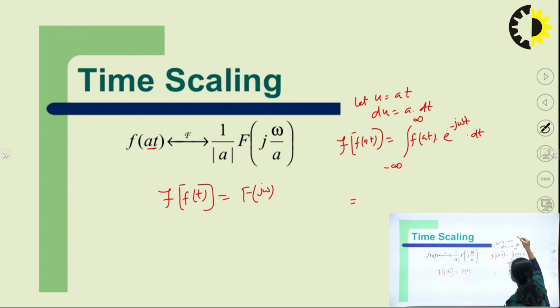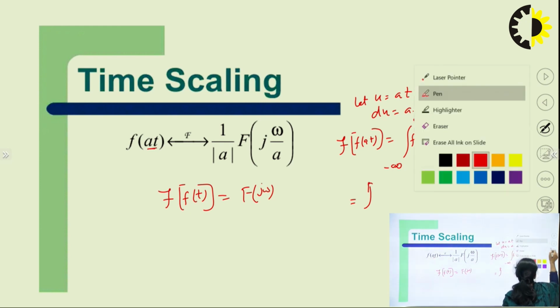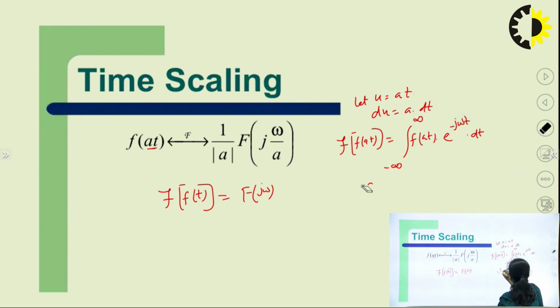Okay, so as t tends to minus infinity, u will also tend to minus infinity, and as t tends to plus infinity, u will also tend to plus infinity. So there will be no change in limit. We can change the variable without changing the limits.